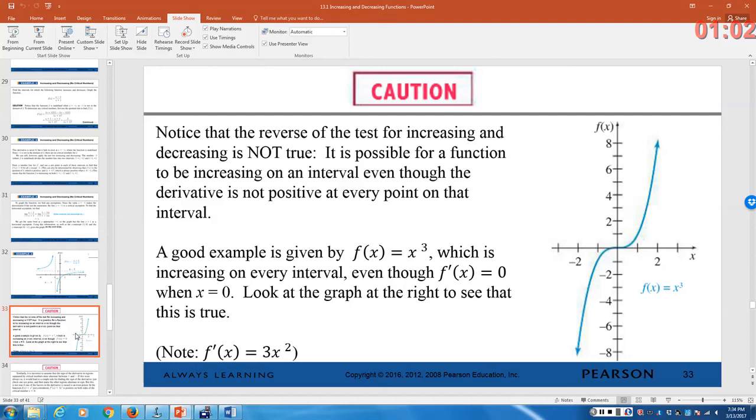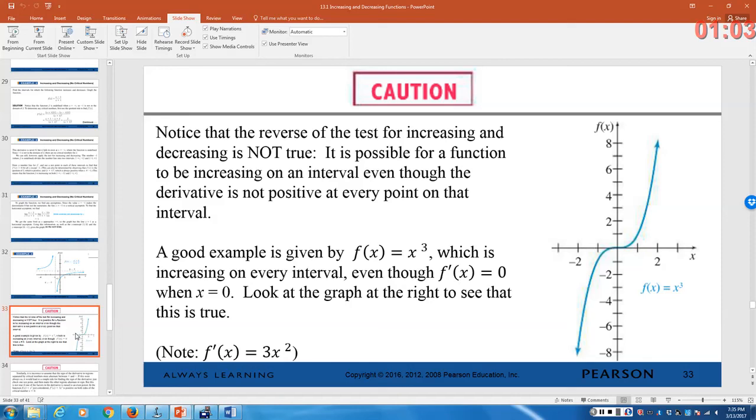But the truth is, this function is always increasing, but it still has a critical number at 0. Okay? It does have a critical number at 0, but its tangent at 0 has a slope of 0. Don't assume that just because you found a 0, it's going to decrease on one side and increase on the other, or increase on one side and decrease on the other. Doesn't necessarily happen.